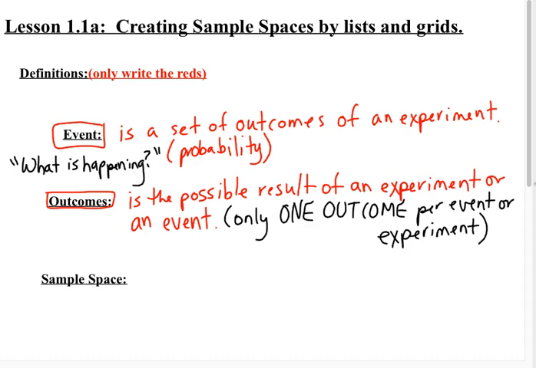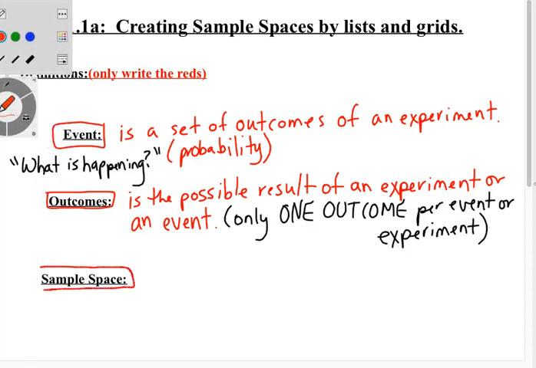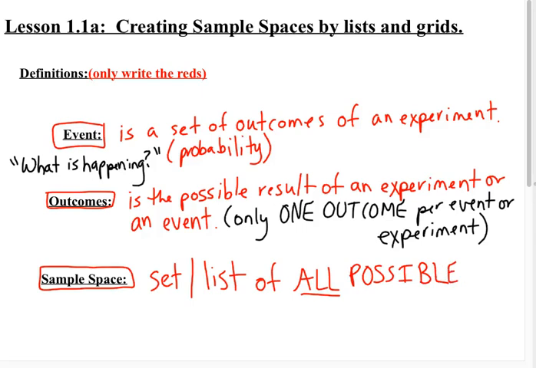All right. Next vocabulary word, sample space. This is kind of the important one. In order to figure things out, we need to know what are the total possibilities of our event or experiment. So, technically speaking, we're talking about a set or a list of all possible outcomes of an event or experiment.